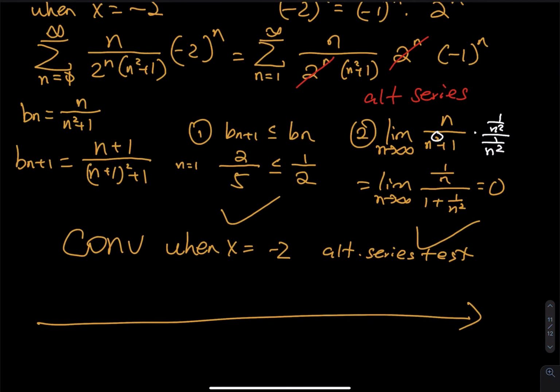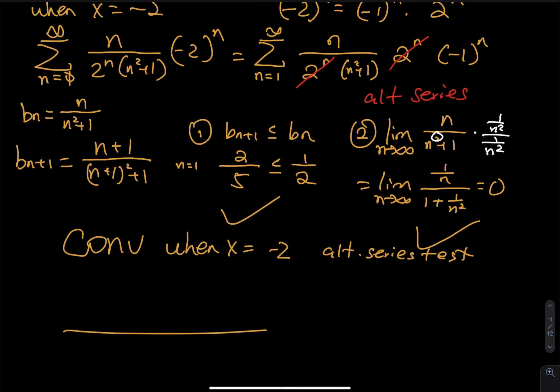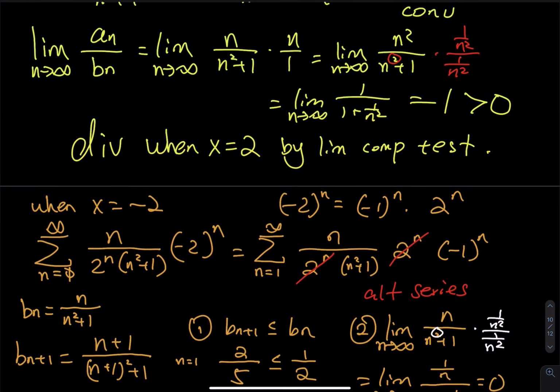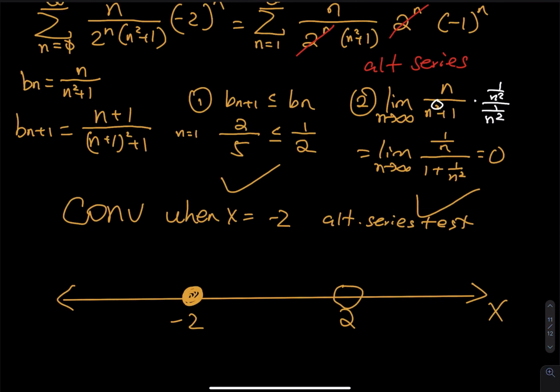Here is how we sum up the conclusion. We draw a number line. This number line represents x, and we have -2 and 2. Since -2 converges, we use a solid circle, and 2 diverges, so we use an open circle. Between -2 and 2, the series converges, and outside of the interval it diverges.